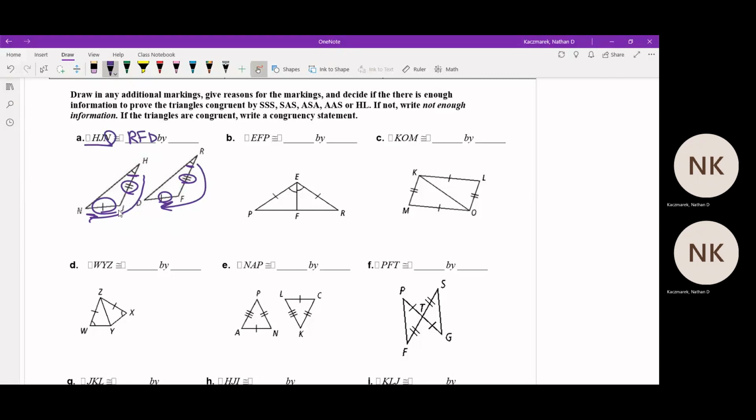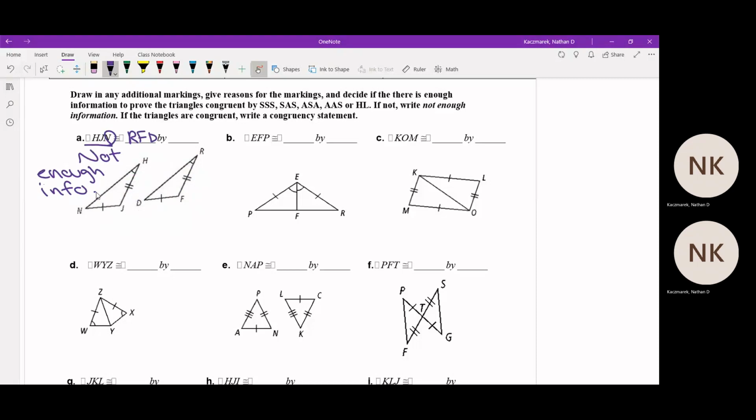No, we don't. Actually, we can't even say that one out in class. So if you can't say it out loud in class, that is not a triangle congruent. Okay? So this one's actually not congruent. Not enough info. It could be congruent, I guess. I just need to know more information.